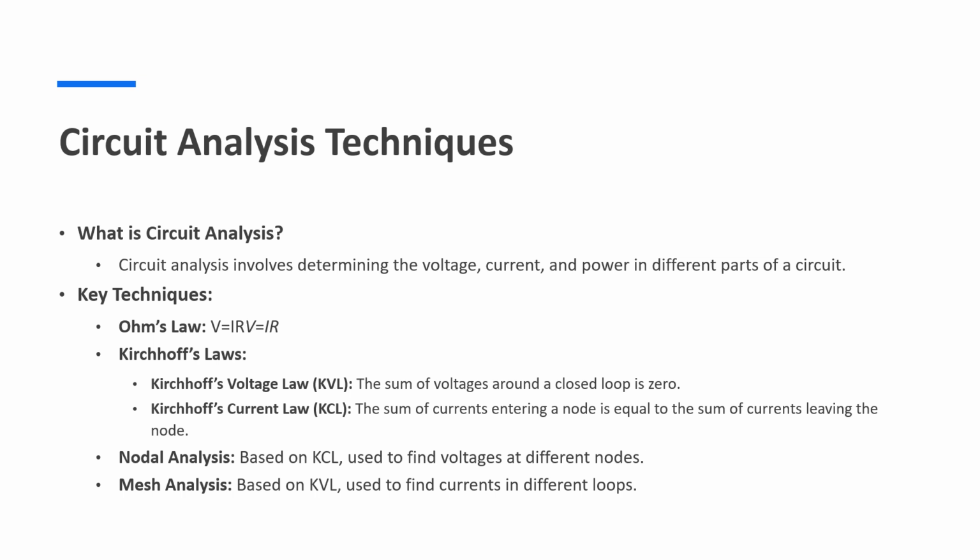Nodal analysis is based on Kirchhoff's current law and is used to find voltage at different nodes. Mesh analysis is based on Kirchhoff's voltage law and is used to find currents in different loops. We are going to apply these techniques when we create the circuits.